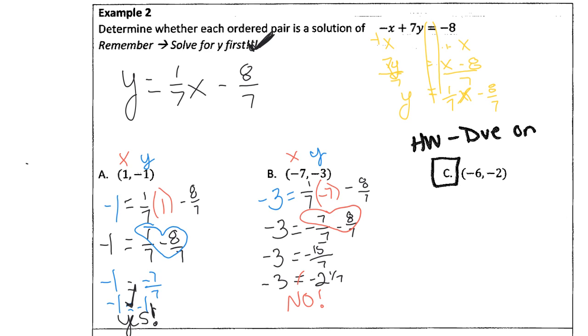And eventually you should have gotten that -3 is not equal to -2 1/7 at the end here. If you just plugged all of this in your calculator, that's fine too. But you should be able to do that without a calculator. So I want to point out something else down here. Well, before I do that, your homework is letter C. So do that for me.